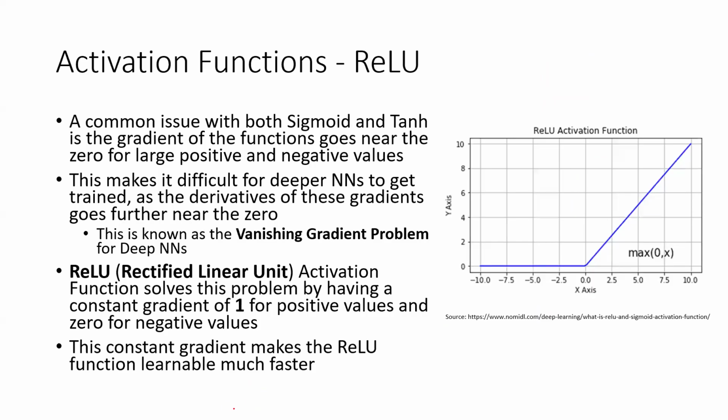But still there is a problem when it comes to larger neural networks, known as the vanishing gradient problem. That means when you have deeper neural networks, which we are not going to discuss in this lesson, you would have to think about this.